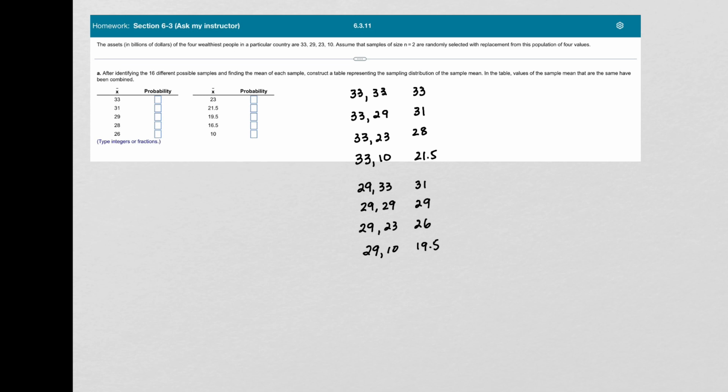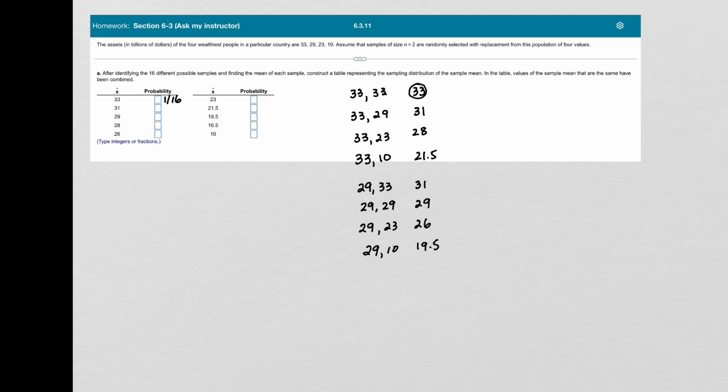Okay. So here's a little trick with this. I could just keep listing them all out and figuring this out. But notice that the 33 and 33, there's only going to be one of those pairings. We don't have to switch the two 33s. That would be the same sample. So we get 1 out of the 16 possible pairings for that.